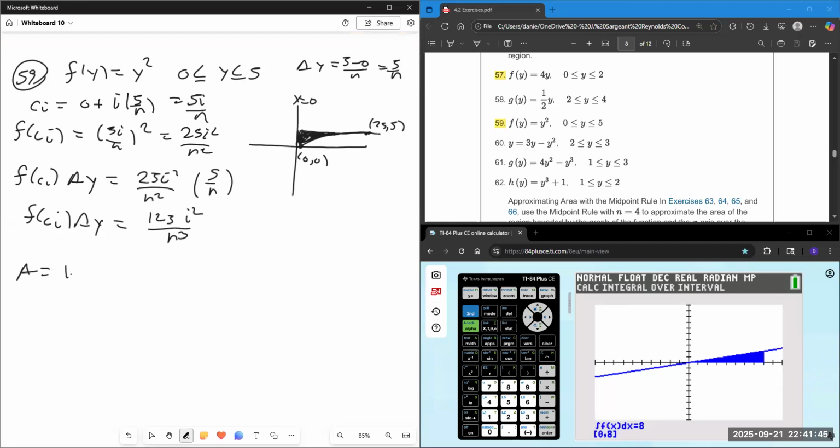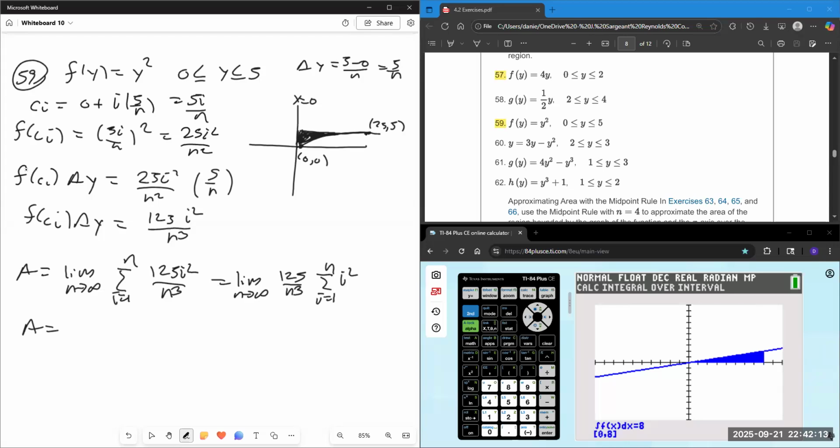Area is the limit as n goes to infinity of the summation i equals 1 to n of 125i squared over n cubed, which is equal to the limit as n goes to infinity of 125 over n cubed times the summation i equals 1 to n of i squared.